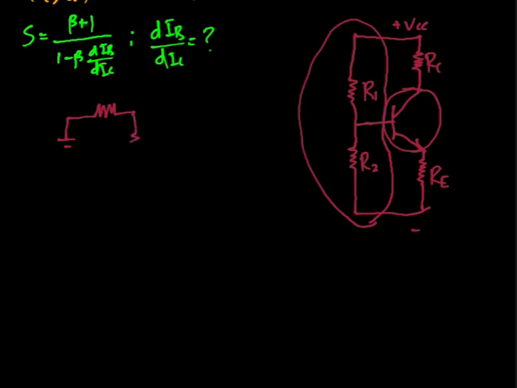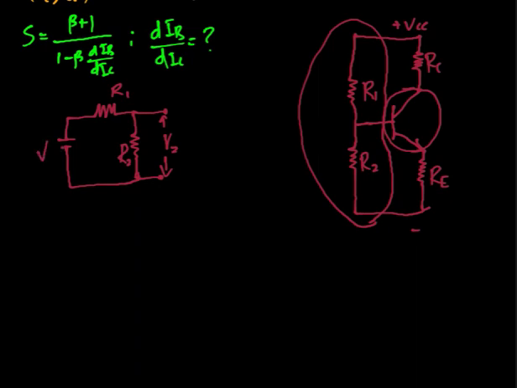So now we are going to replace the input part of the circuit by its Thevenin equivalent. For that I am rewriting the input part alone here. Here we have a cell which is connected to a resistance R1, and a resistance R2 is connected like this.